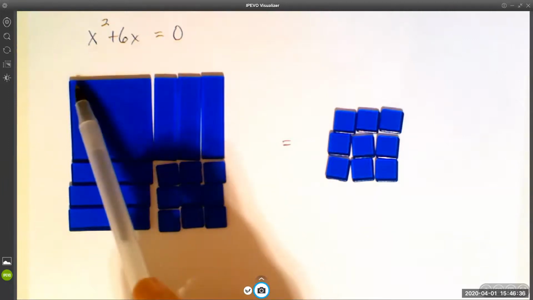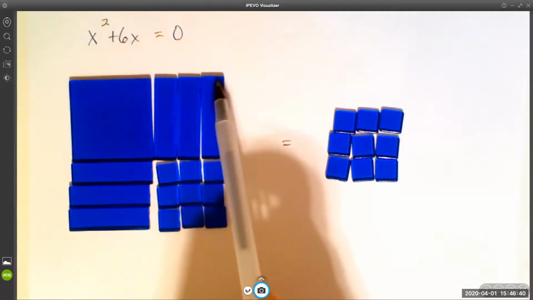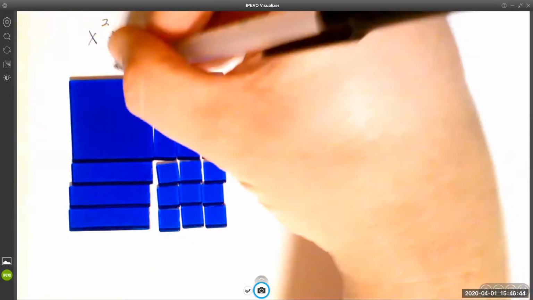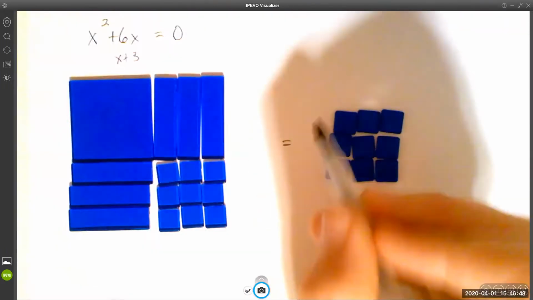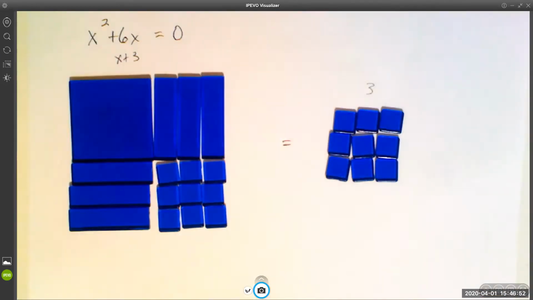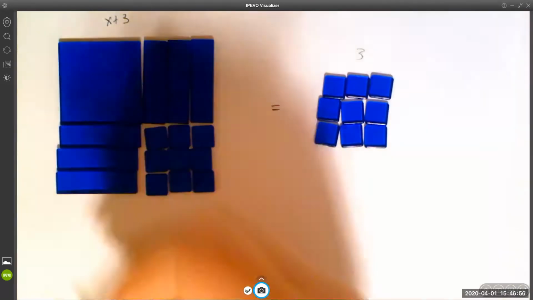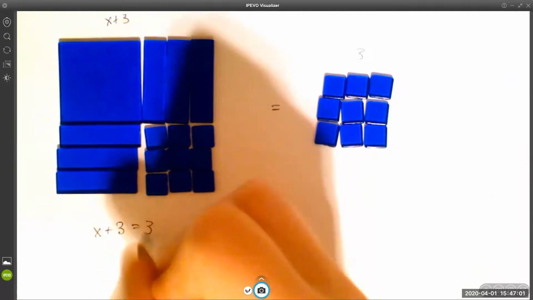In this case, I have an x along the top and then 3 units along the top, right? So this would be x plus 3. And on the right-hand side, I have 3, of course. So one solution is that x plus 3 equals 3.